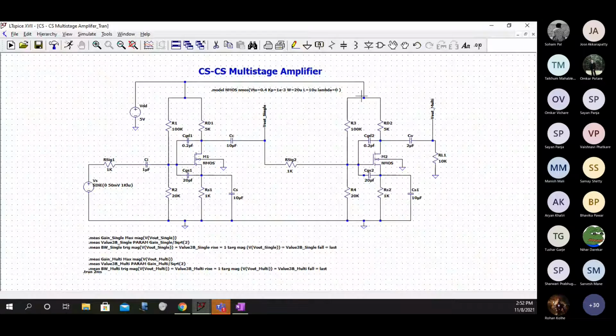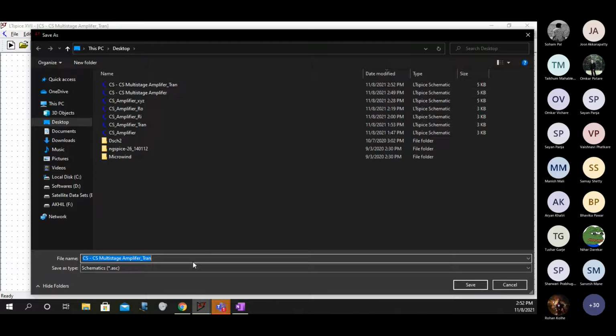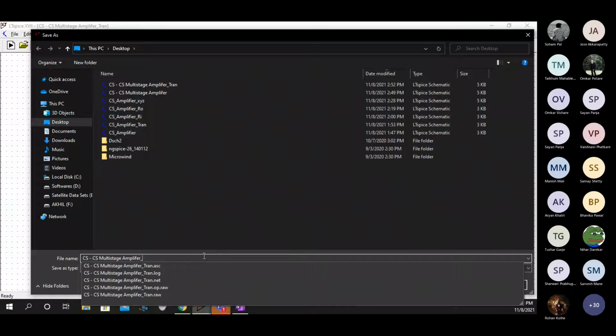So this is your transient analysis, and the same thing we can use to calculate Ri and Ro.